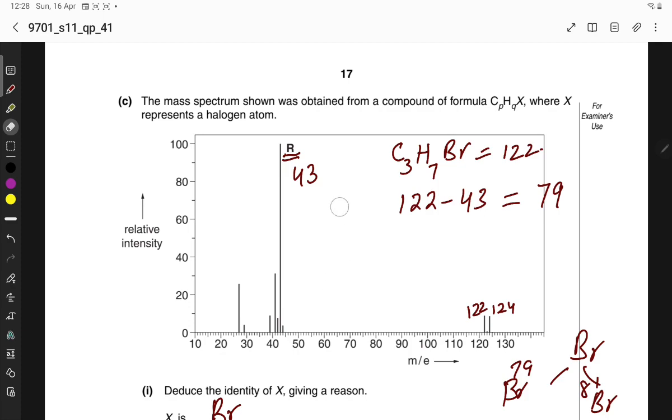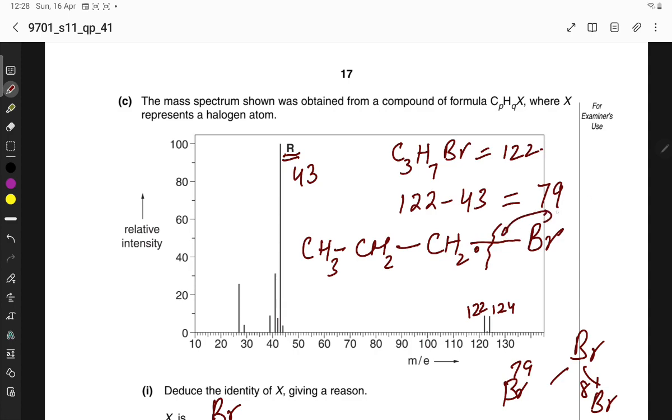For example, if the molecule is CH3, CH2 and CH2Br, an electron is removed from here, and the bromine atom is lost from this fragment, and the propyl ion, this is the peak of C3H7, that is equal to 43.